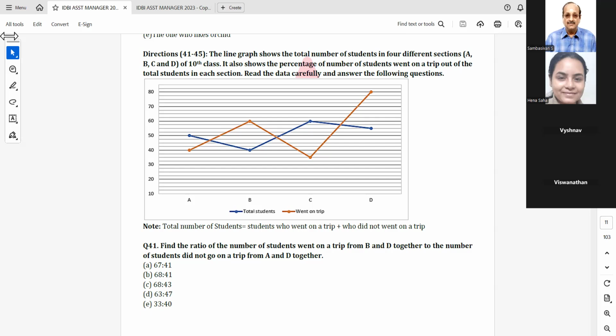Then another type of problem is bar charts. These are all bar charts. Example, bar chart will come like this. All of you know it. It is not that you don't know.